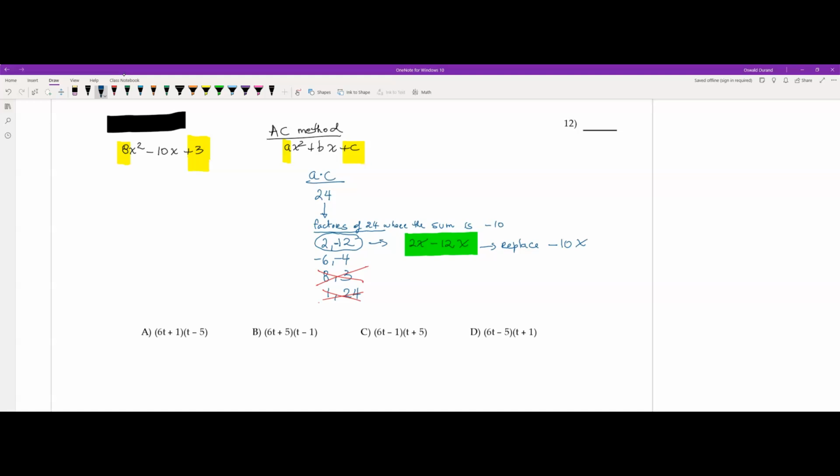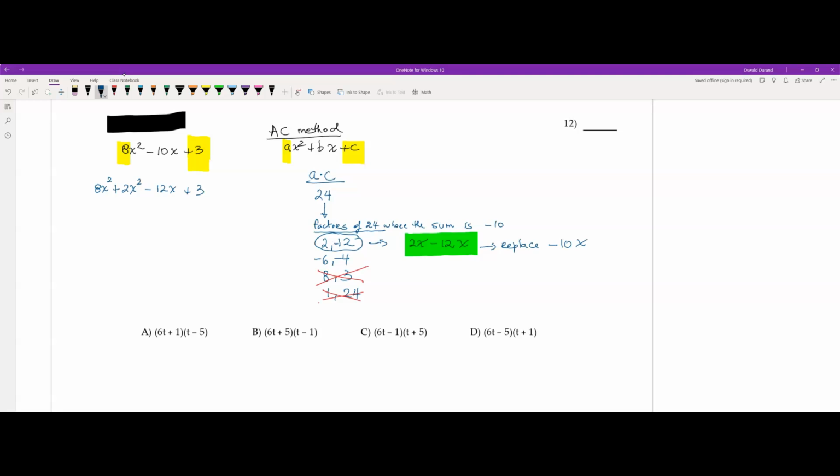So let's do that. The next step will be 8x squared plus 2x minus 12x, I'm sorry, and then plus 3. Okay? All right, so I already see a problem there.